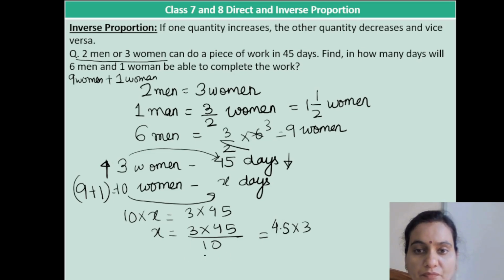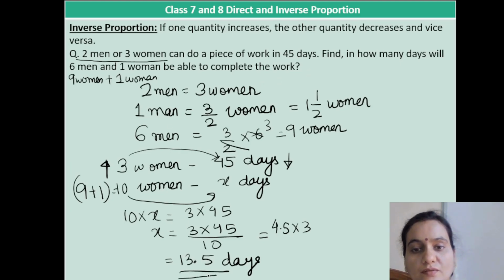So 3 5s are 15, 1 gets carried over, 3 4s are 12, 12 plus 1 is 13. 13.5 days will be required for 6 men and 1 woman to complete the same work. So this is how we solve these kinds of questions. If you have any doubts, please let me know in the comment section.